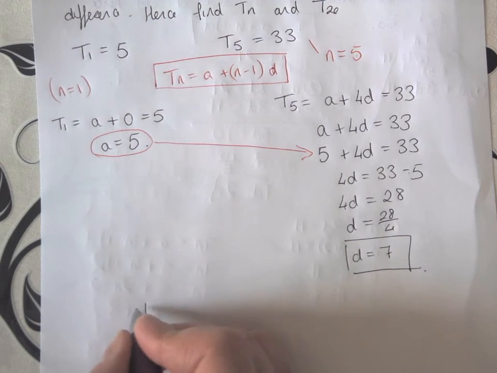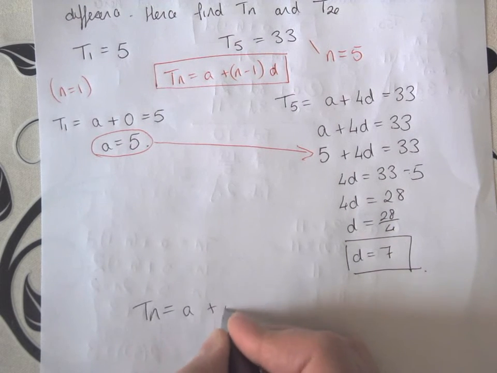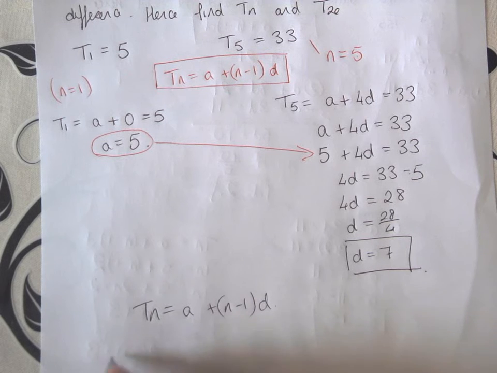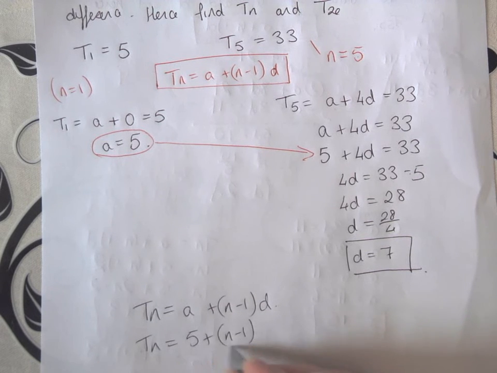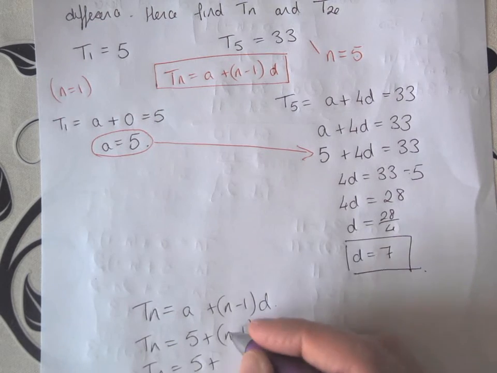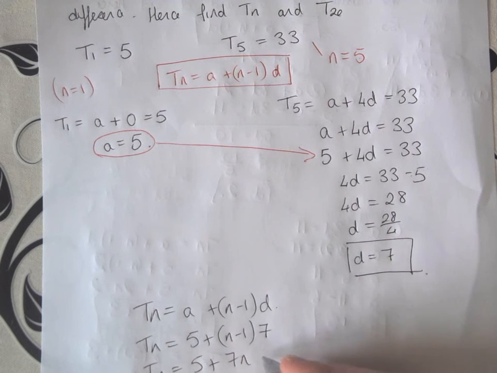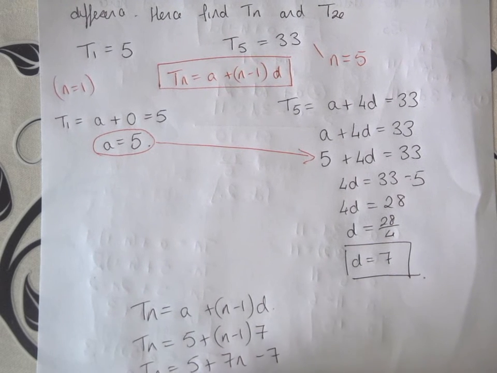So then my Tn is equal to A plus n minus 1 times D. So Tn equals 5 plus n minus 1 times 7. Tn equals 5 plus, brackets mean multiply, 7 by n is 7n, 7 by minus 1 is minus 7. Tidy up the two numbers, 5 and minus 7.